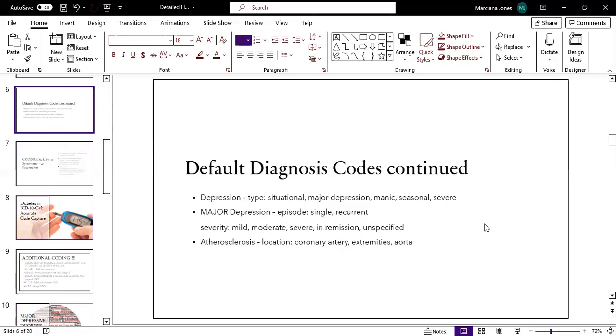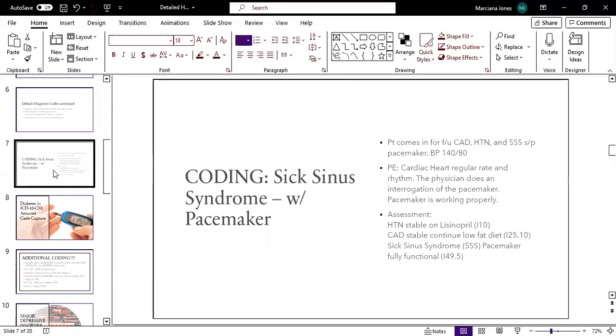Okay, so atherosclerosis, the location, they want you to be specific. Is it a coronary artery? Is it in the extremities? Aorta? Be specific. Okay, let's pretend we've got a patient chart in front of us. A lot of people in their coding journey haven't coded a chart before and don't know what a chart looks like.